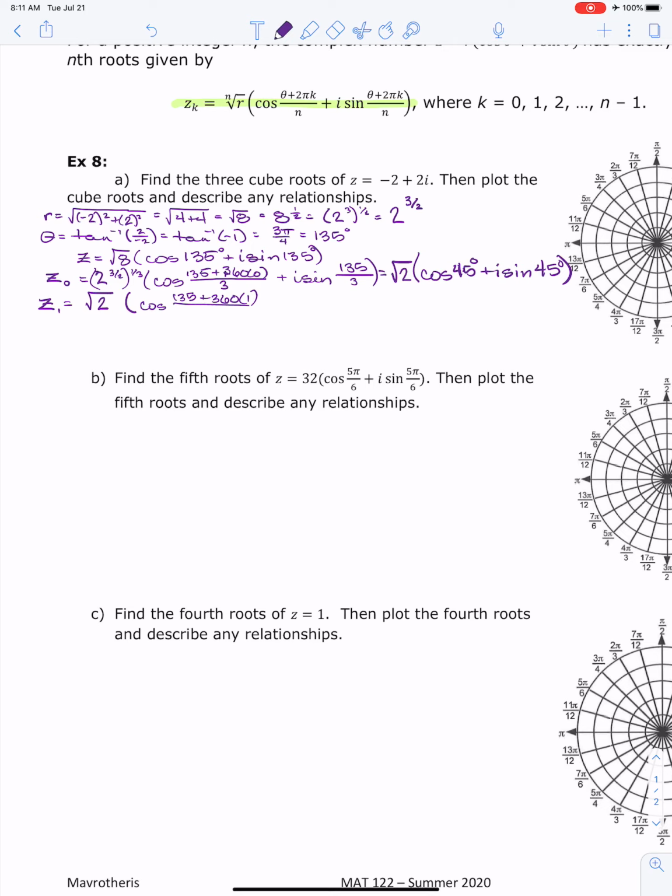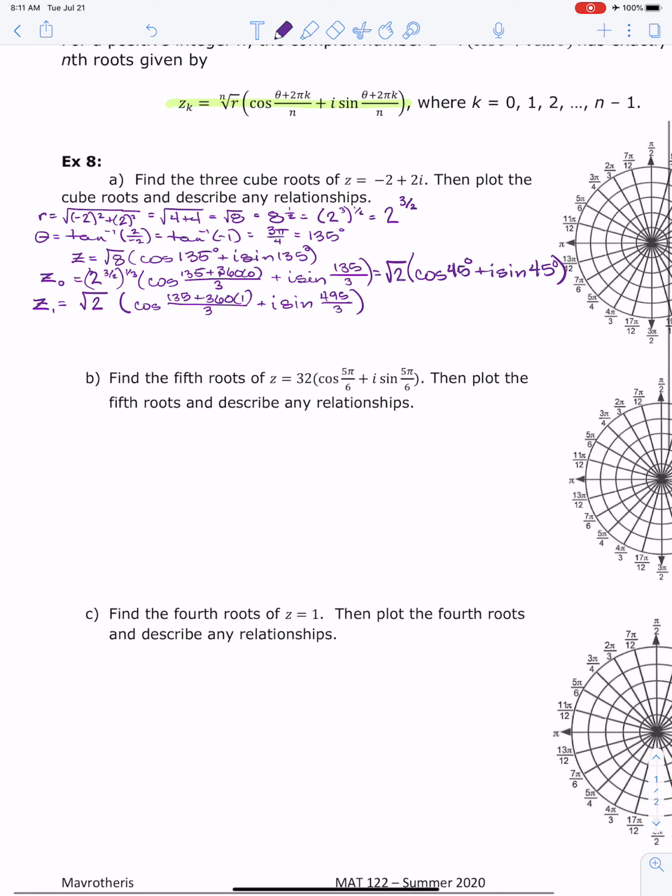My k's are increasing, all divided by 3, plus i sine, let's see, 135 plus 360 is 495. Just try to combine the work here a little bit. So I get square root of 2 cosine of 495 divided by 3 is 165, plus i sine 165.